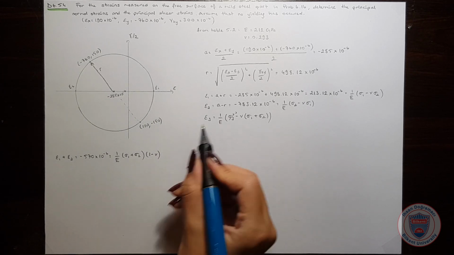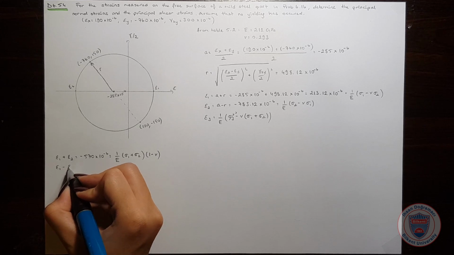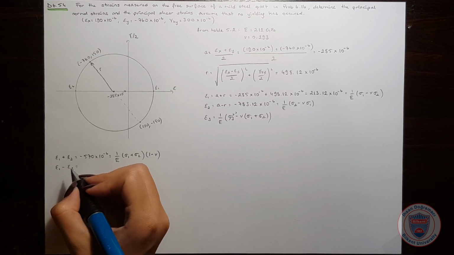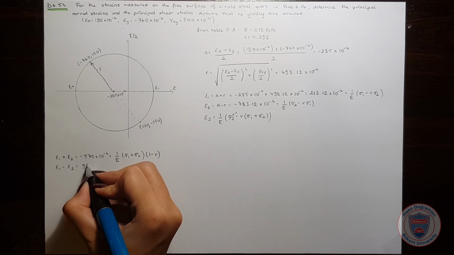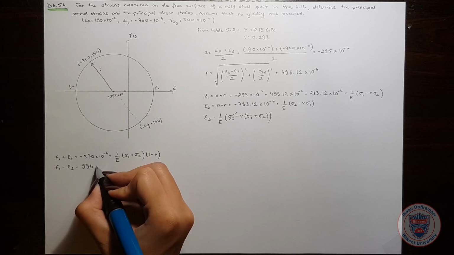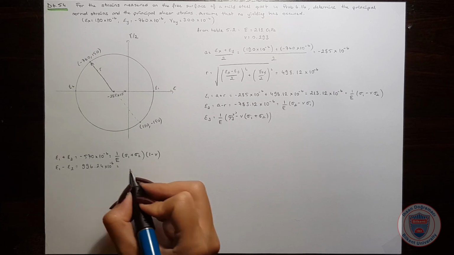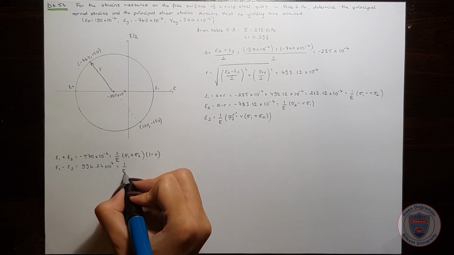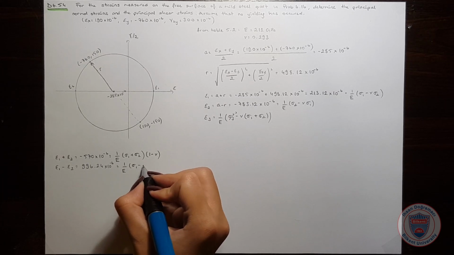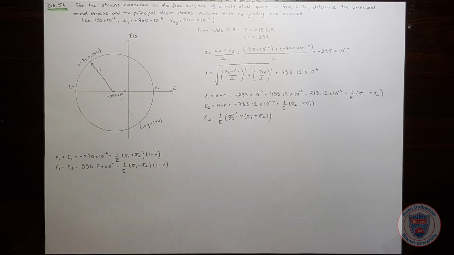And now I will subtract epsilon 2 from epsilon 1. And it will be equal to 996.24 times 10 to the power of minus 6. And it will be equal to 1 over E times sigma 1 minus sigma 2 times 1 plus Poisson's ratio.